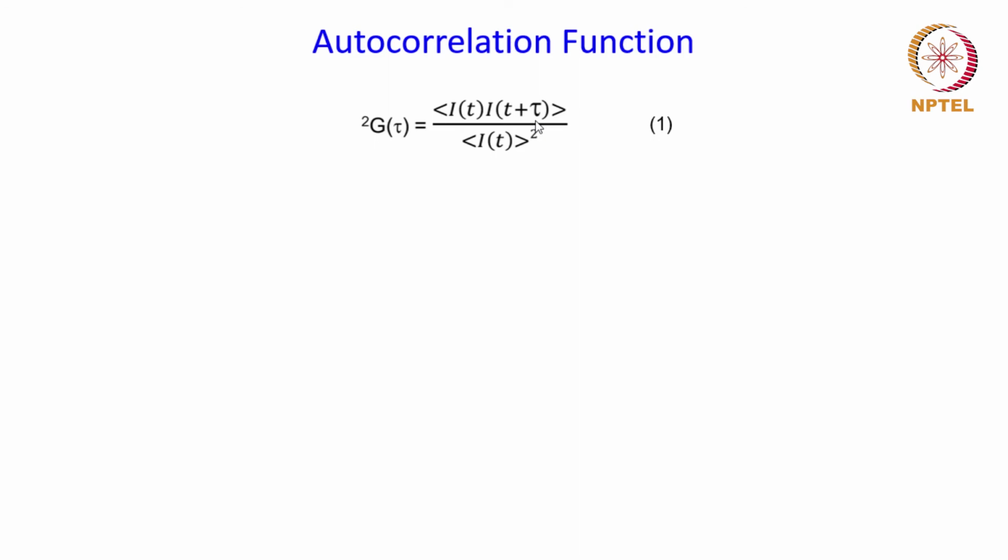We are comparing the intensity at time t with that after a particular interval tau. So the second order autocorrelation function is given by this, and these pointed brackets that you see here indicate averaging values over a period of time. So these values are actually averaged over the period of time which is used during the experiments.